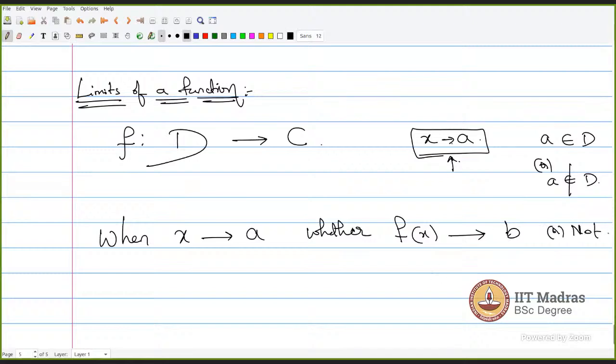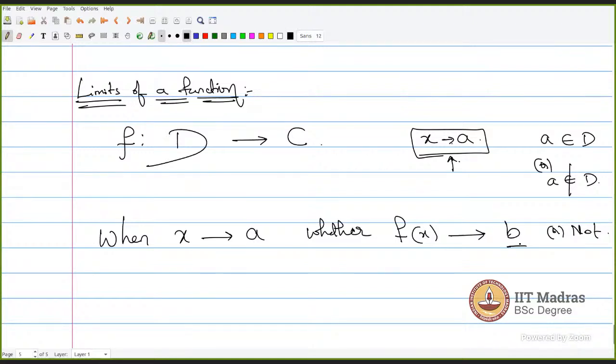If it is tending to some unique value b, I say the limit of this particular function exists at x equals a. If it is not converging to that particular value b, that means if it is going to two different values, or going to infinity, or going to minus infinity, then I say this particular function will not have a limit at x equals a.